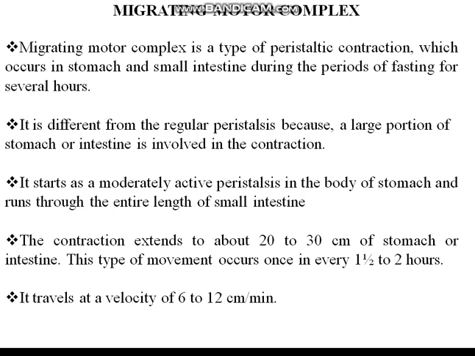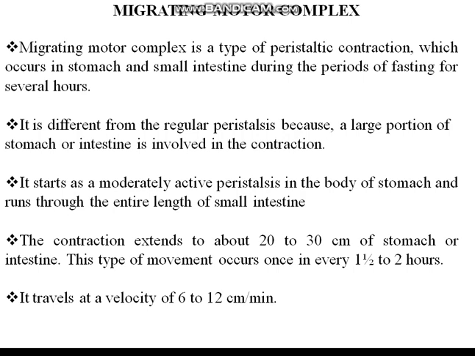Number 1, a large portion of the stomach and the intestine is involved in the migrating motor complex. Secondly, it occurs during the period of fasting, the interdigestive period. Thirdly, it involves both the stomach and the intestine.